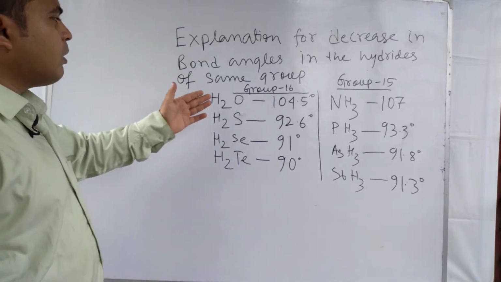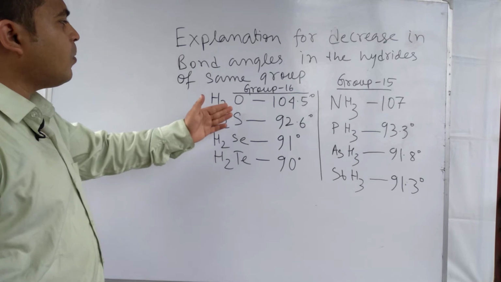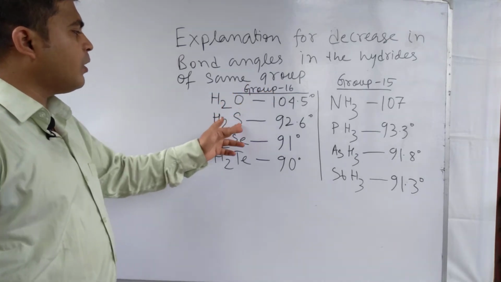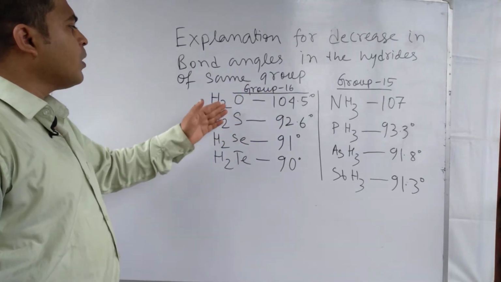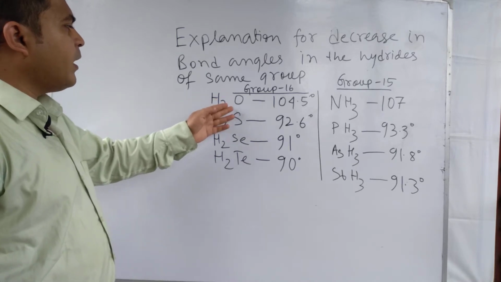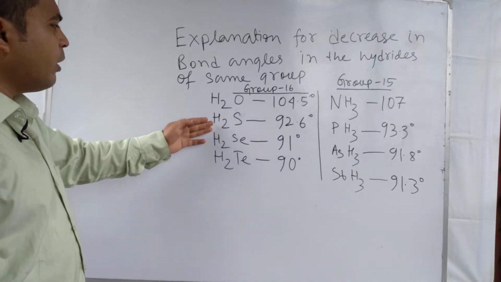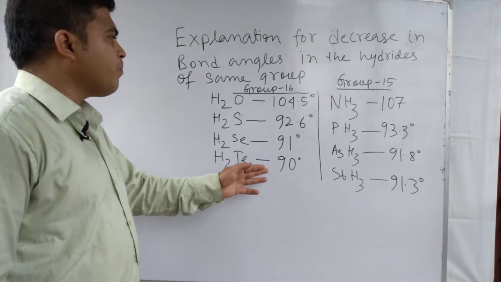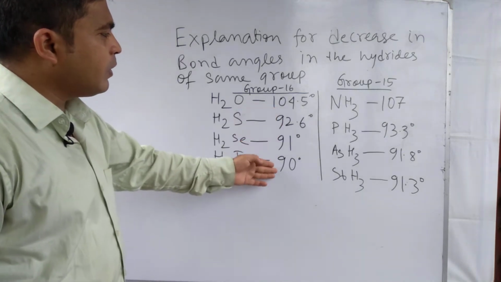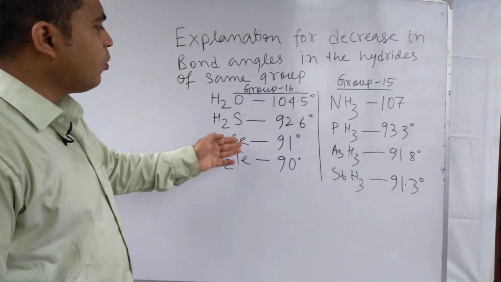For the same group hydrides, for the group 16 elements oxygen, sulfur, selenium and tellurium, the hydrides are H2O, H2S, H2Se and H2Te. The bond angles decrease for the same group hydrides.